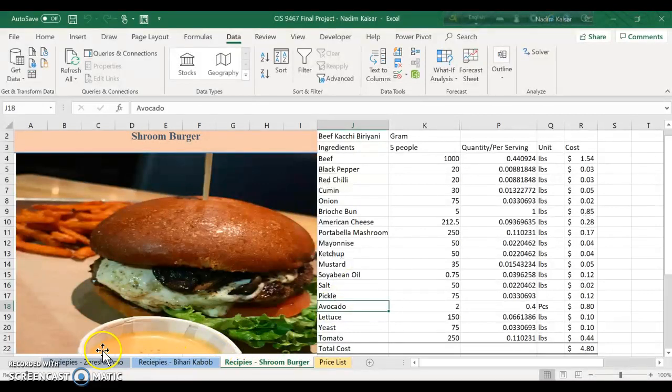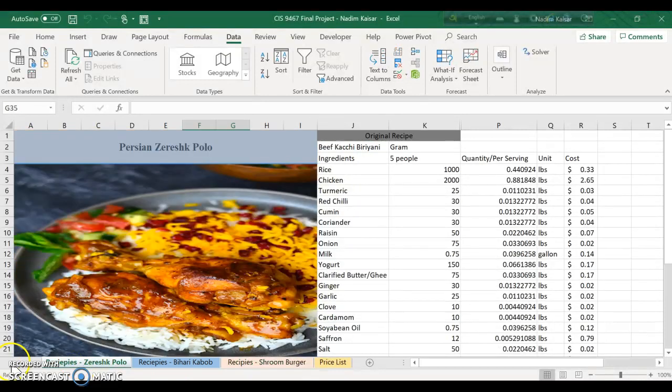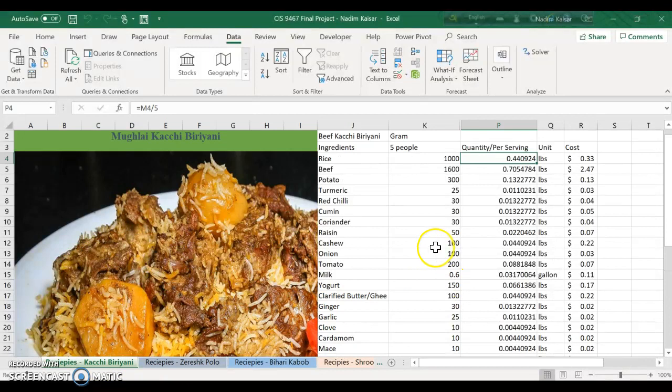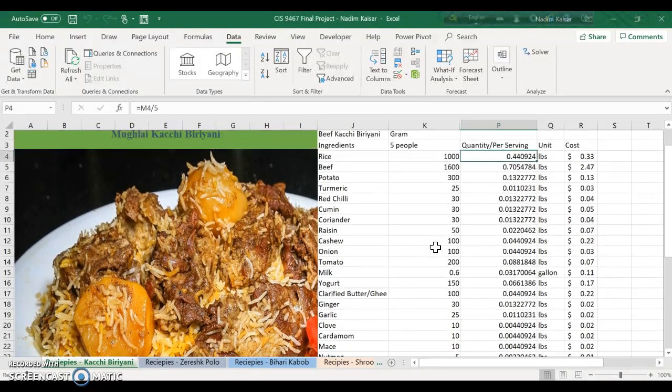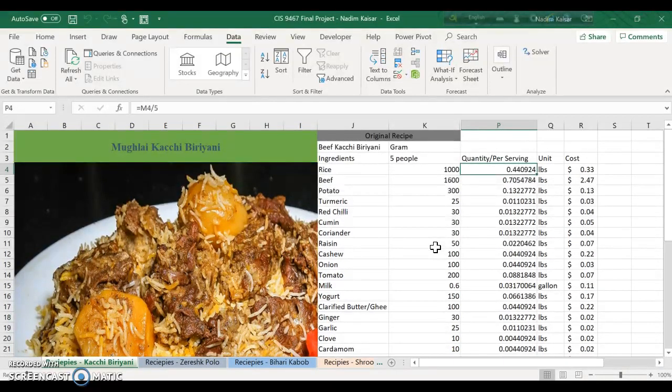So I went online and watched numerous YouTube videos to collect the most authentic recipes for these dishes. Most of the time, when they show these recipes, they usually prepare it for 5 people. Since I'm doing it for a restaurant, I would like to see on a unit basis how much each of these recipes is going to cost the restaurant owner to prepare these dishes.